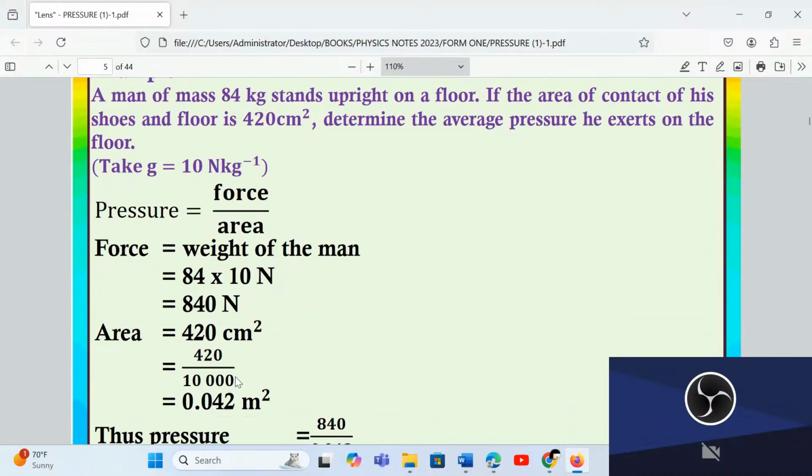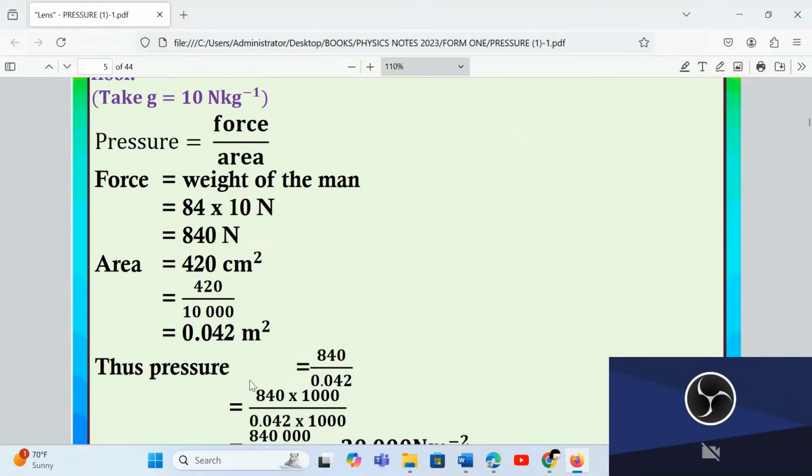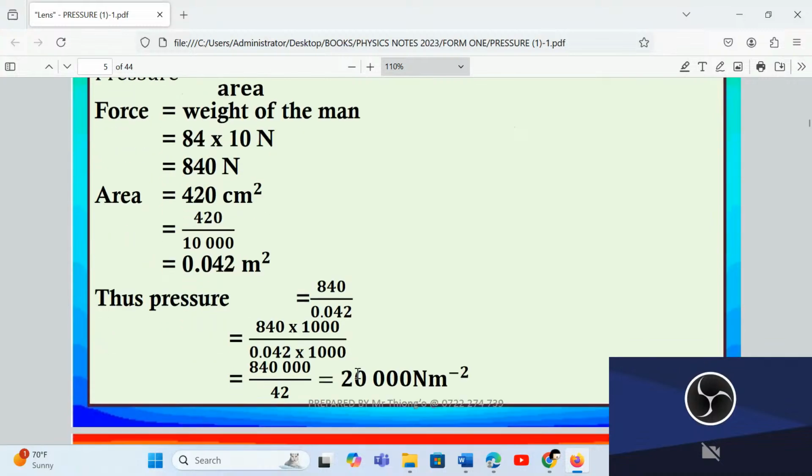I said if you are working this formula of pressure equals force over area, then you are supposed to convert each and every quantity that is required to be substituted in the formula to be in its SI units. Therefore, we divide by 10,000 to make it 0.042 square meters. Then the pressure will be given by 840, which is the weight, divided by 0.042. And you can see from the calculation we arrive at 20,000 newtons per square meter.